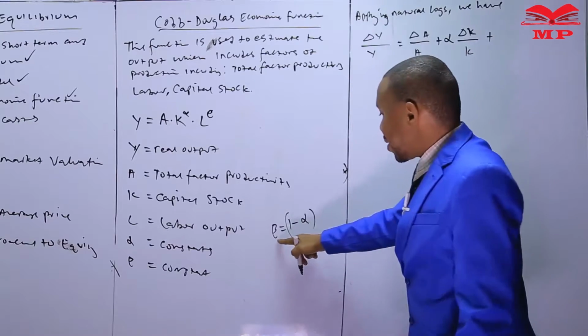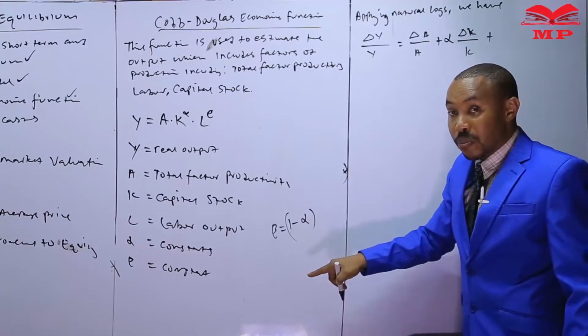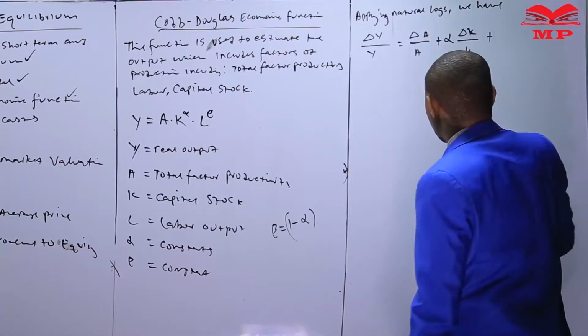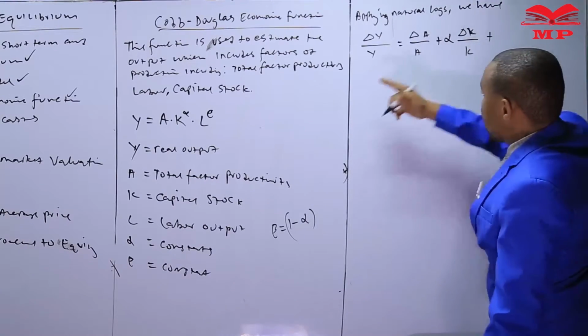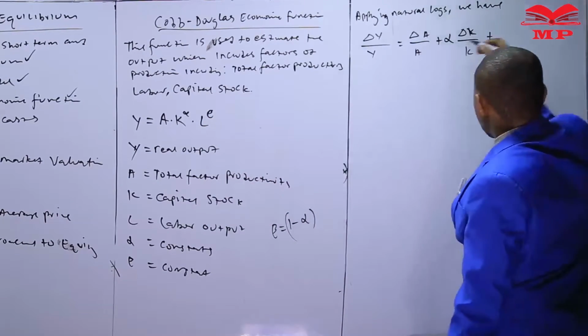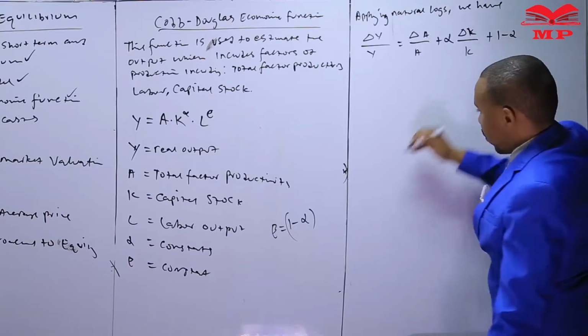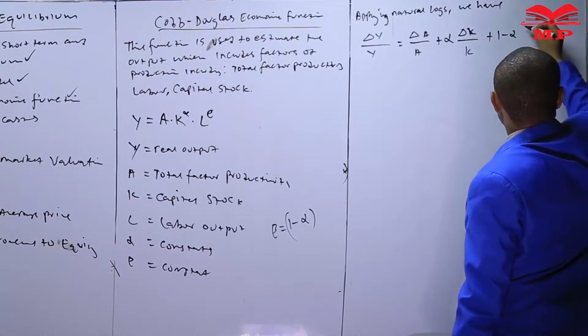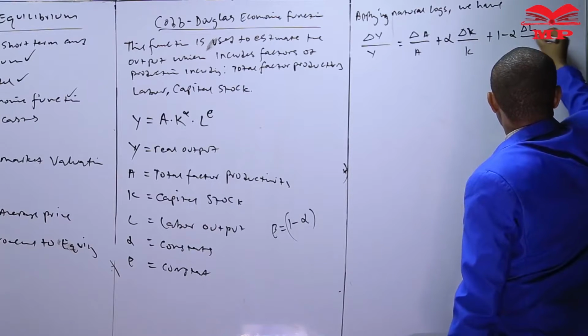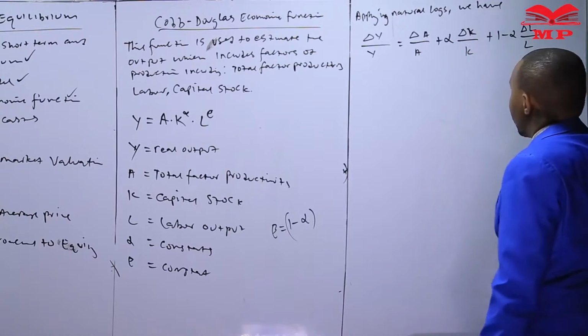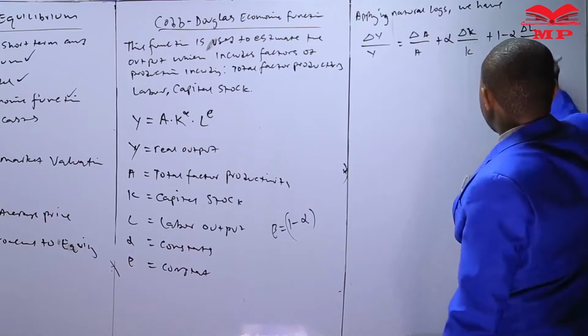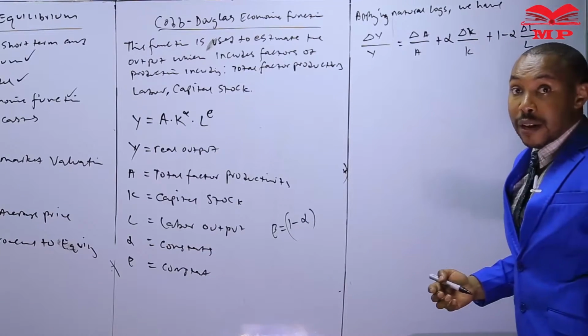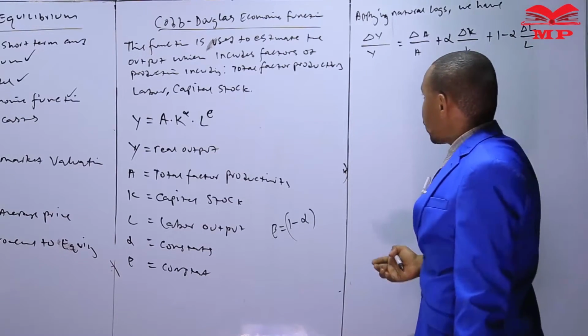That is a very critical assumption that we need to make in the Cobb-Douglas equation. So bringing this component down, we have 1 minus alpha, and then we multiply by change in labor over the labor output component.